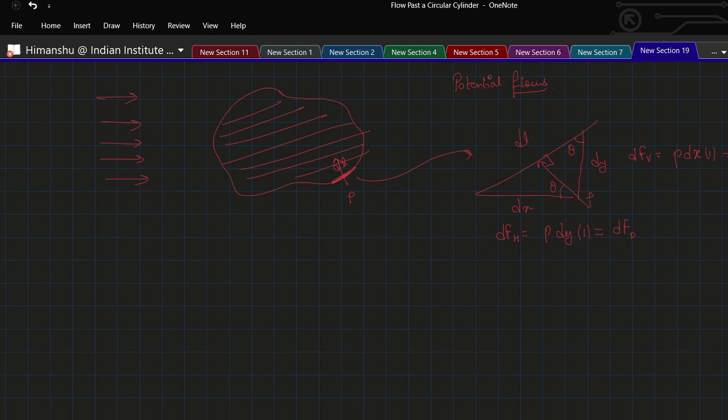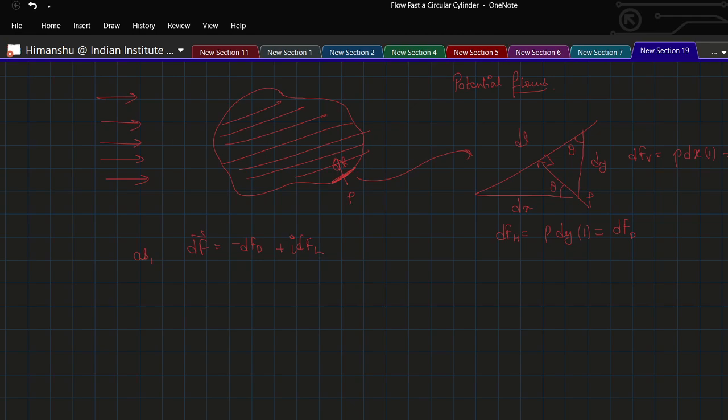Now we have the net force in the complex plane as dF_D plus, sorry, dF_D minus iota dF_L.